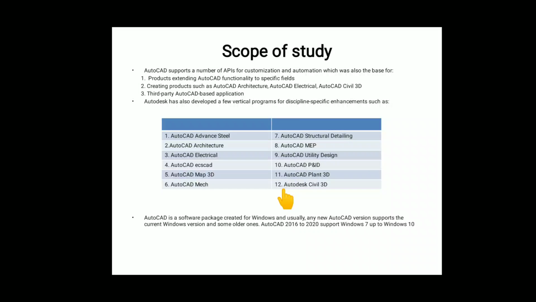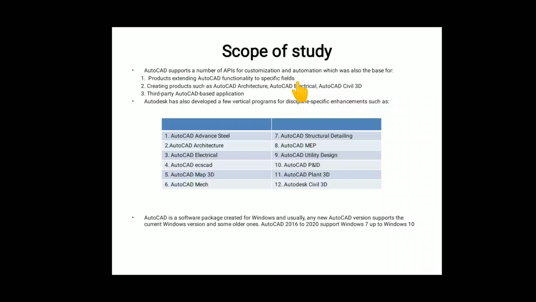Then let us start with why we need to study AutoCAD. It supports a number of APIs for customization and automation, which are also the base for products extending AutoCAD functionality in a specific field. So as far as the civil engineering field is concerned, AutoCAD gives functionality as per civil engineering aspects.